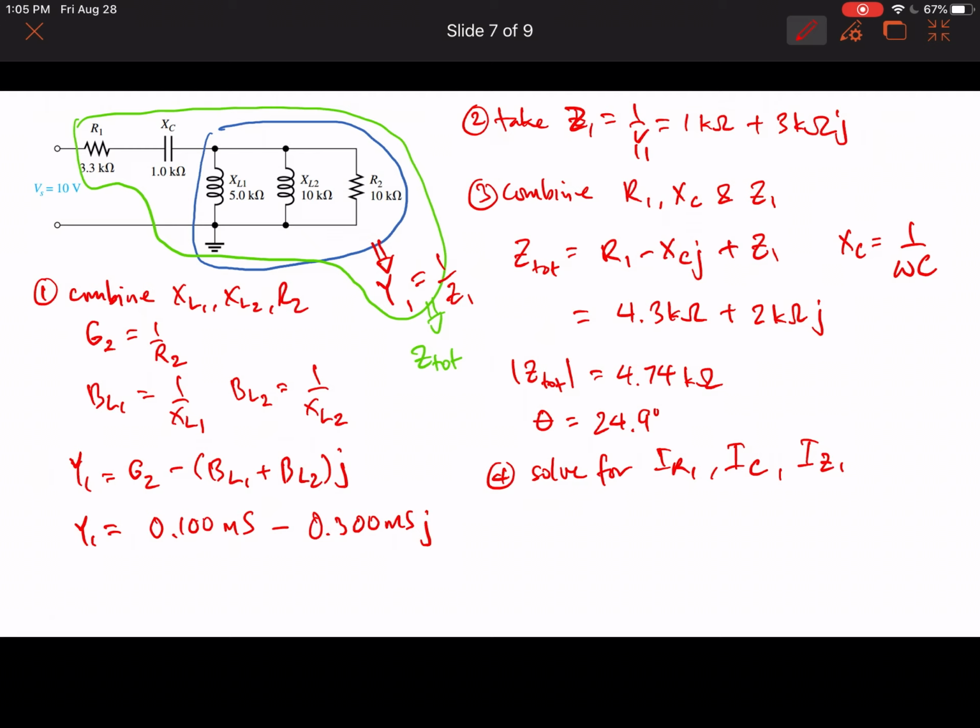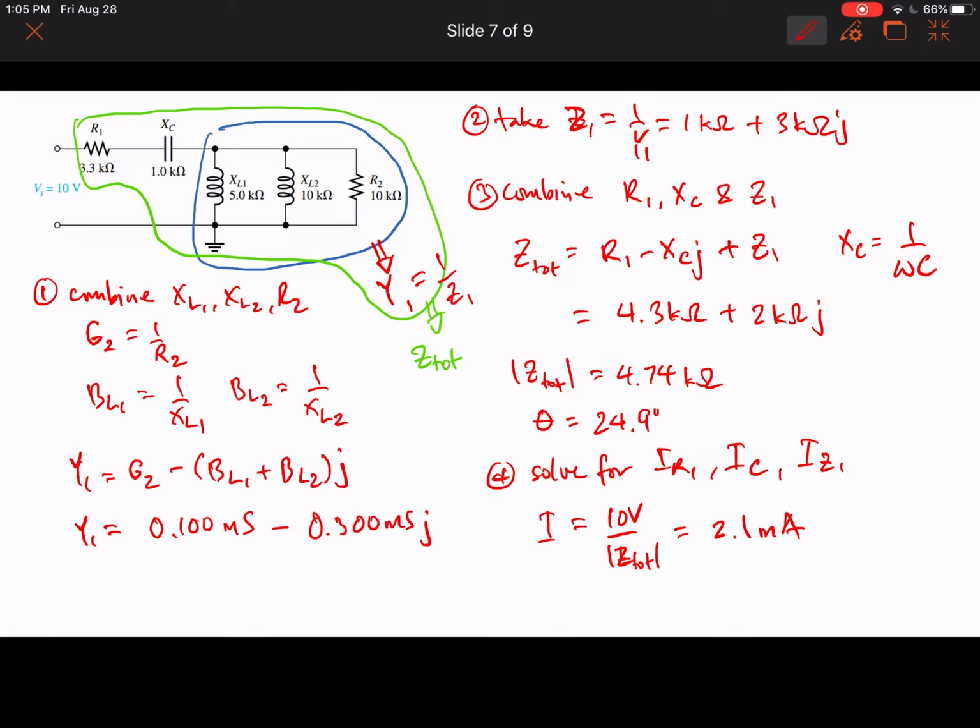Now how do we do that? Well, very simply, I is equal to 10 volts divided by Z total. And by doing that, we get 2.1 milliamperes.